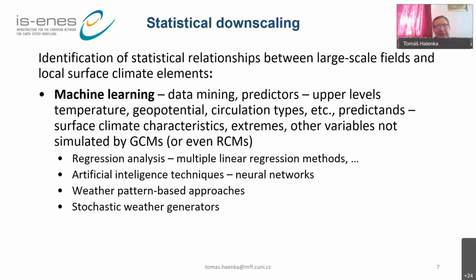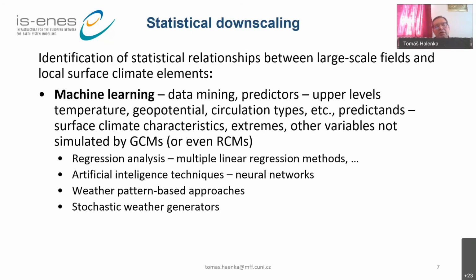As I said, it's based on finding statistical relationships between large-scale fields and local surface climate elements, which is mostly done in terms of machine learning, data mining, and finding predictors, basically on upper levels, and you are trying to get predictands on surface climate characteristics, extremes, and other variables, which needn't even be simulated by GCMs or regional climate models.